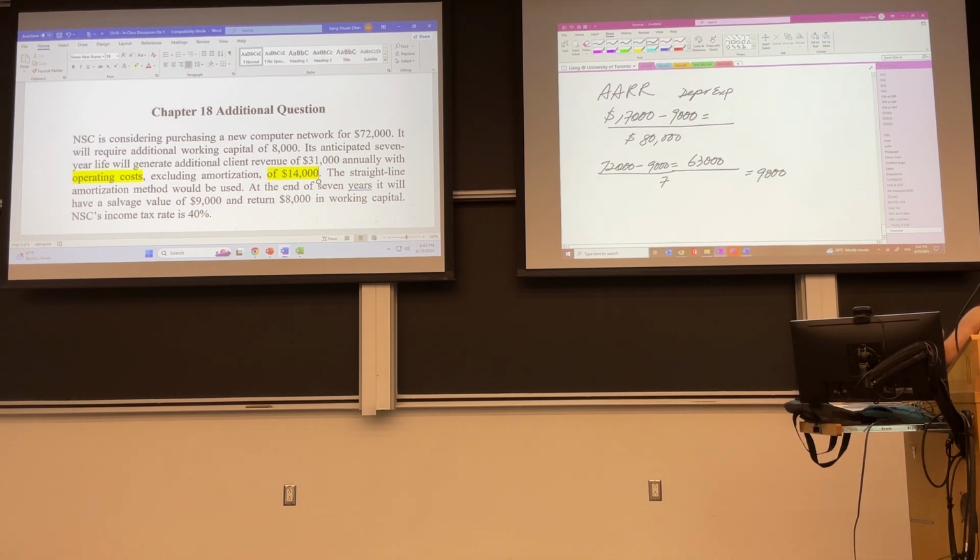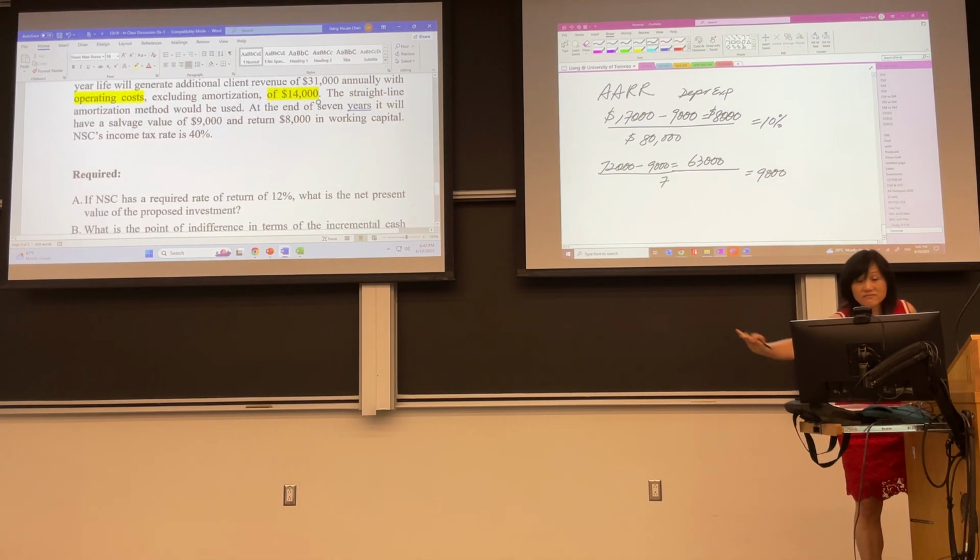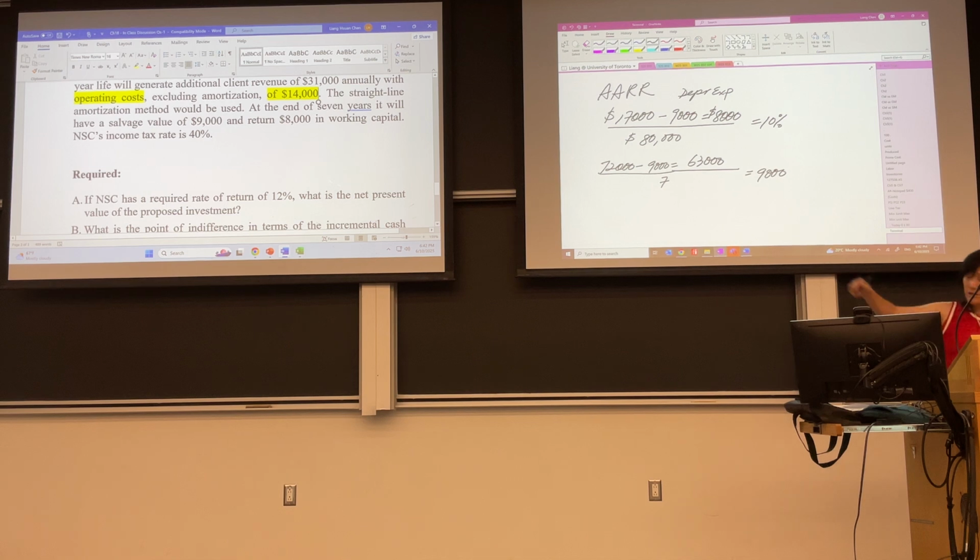So now you make 17,000, but you depreciate 9,000, so the leftover is $8,000 over 80,000. So this is 10%. Are we going to invest? Required rate of return is 12%. Reject. No, we are going to invest.